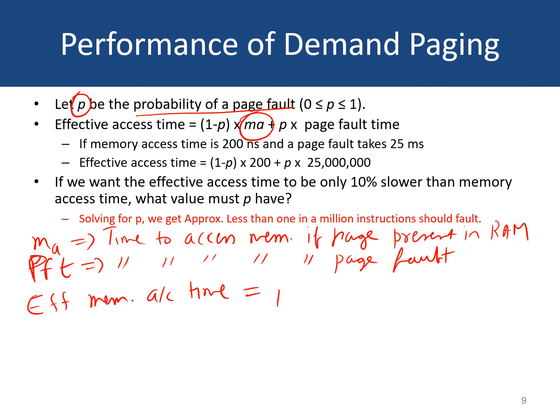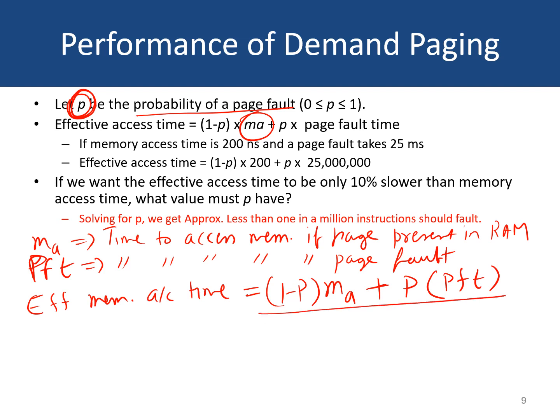Recall that the probability of page fault is P. So the probability that the page would be found in the memory is 1 minus P. If the page is found in the memory, then it will take time MA to access. As opposed to this, if there was a page fault, that would be with probability P, and the time it would take to access the memory in this case would be the page fault time. So this expression gives the average memory access time in presence of virtual memory or demand paging.